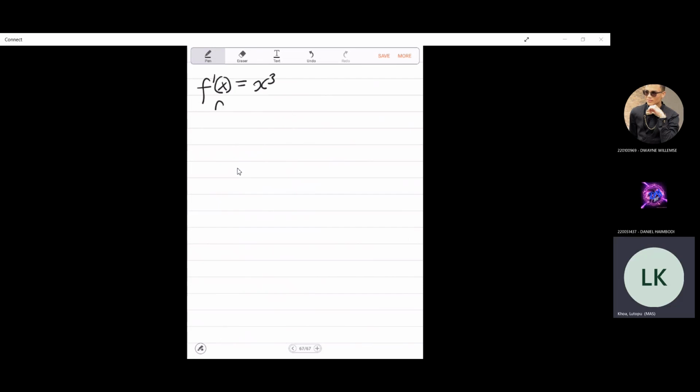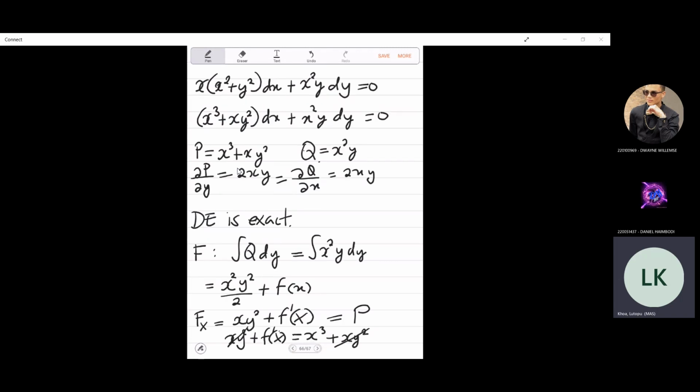And then we work out f of x. This is x to the power of 4 over 4 plus my constant. And then my solution will be x squared y squared divided by 2, and then I add f of x and equate that to c.